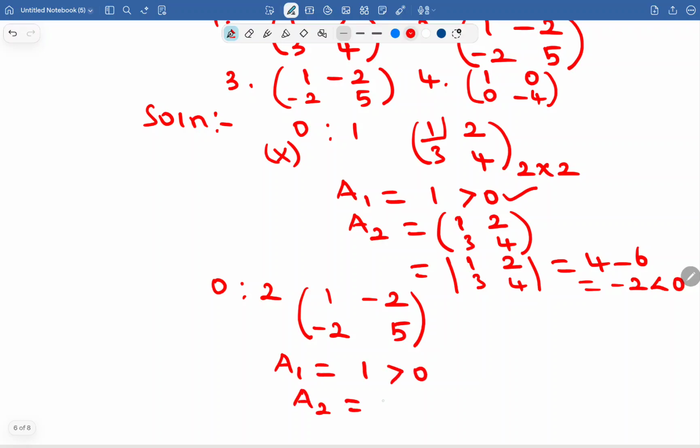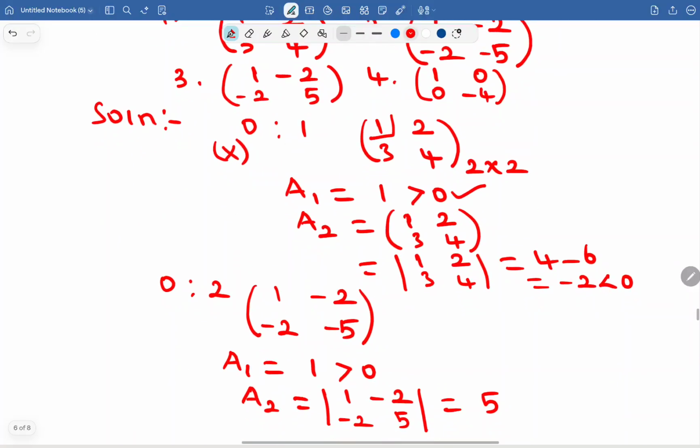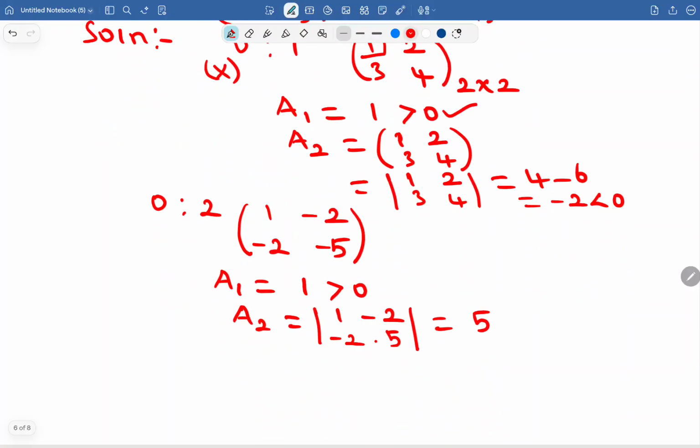Find A2 with the determinant of 1 minus 2 minus 2 5, which is 5 minus 4... which gives minus 9, less than 0. Option 2 is not positive definite.